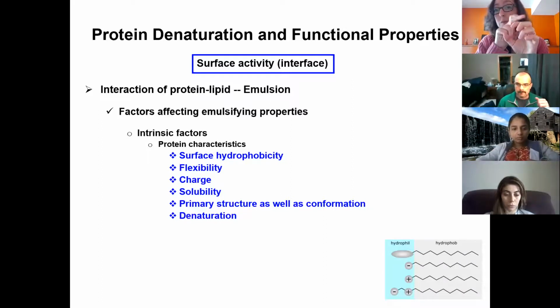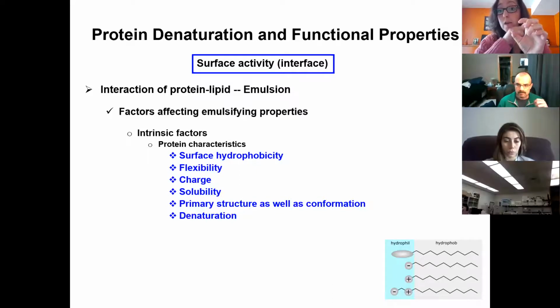So the more of these groups are charged, the higher the surface charge around your droplet. And if this is another droplet, you're going to have a lot of charge, and then they will not come together and coalesce, or it will take a long time for them to come together and coalesce. Does that make sense, Paul?